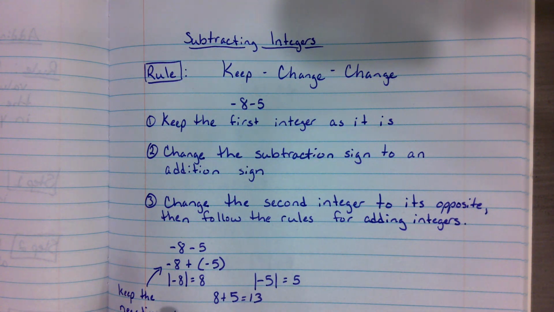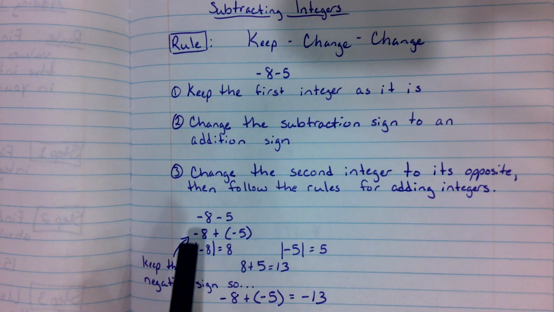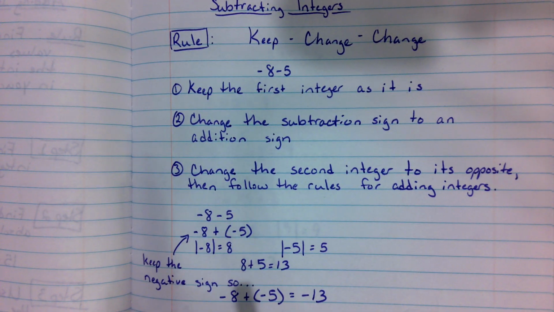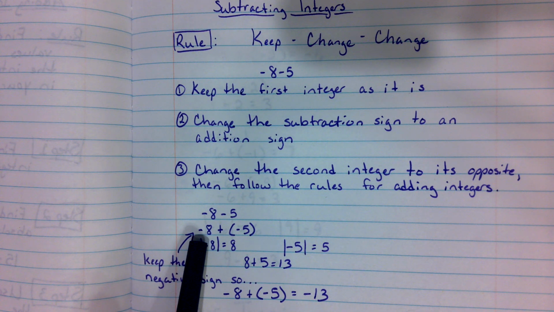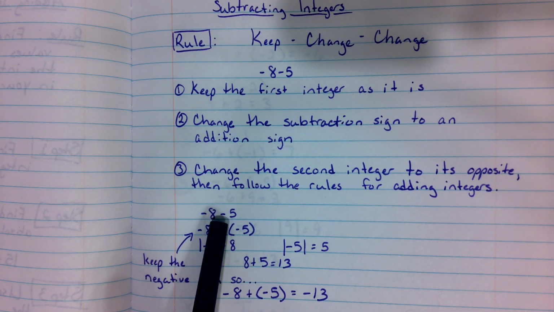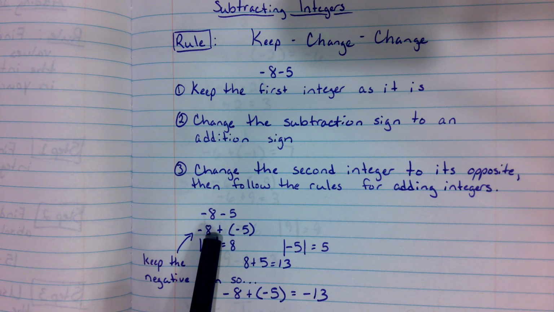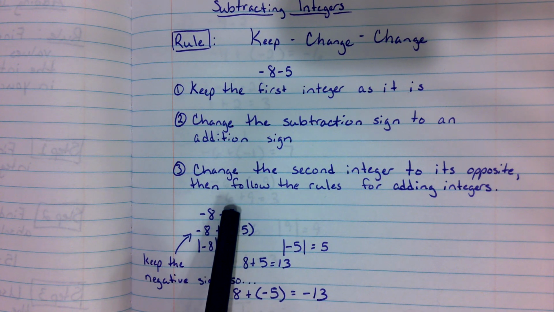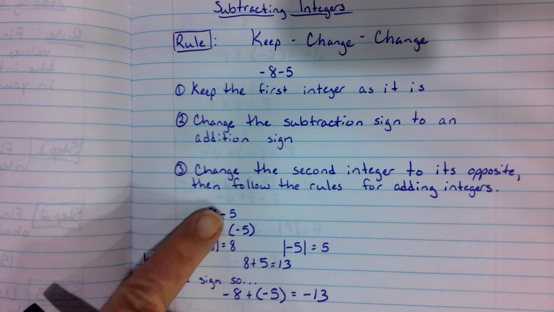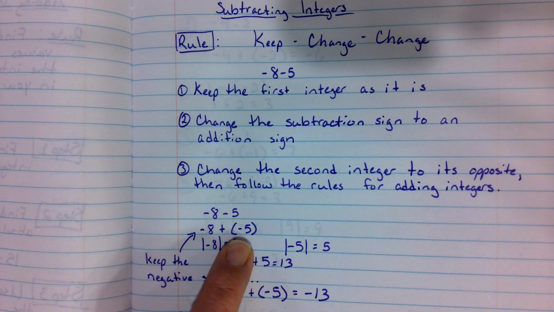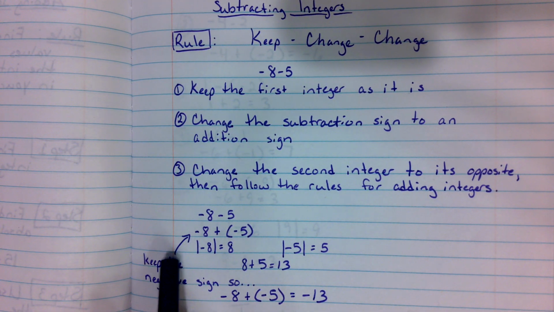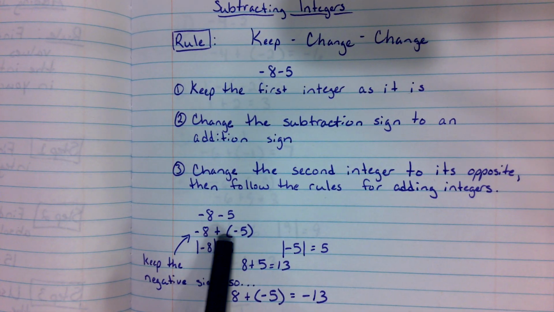So in this example, -8 minus 5, we keep our first integer as it is. We change our subtraction to addition, and we change our second integer, which in this case is 5, to its opposite, which is -5. So then we have -8 plus -5.